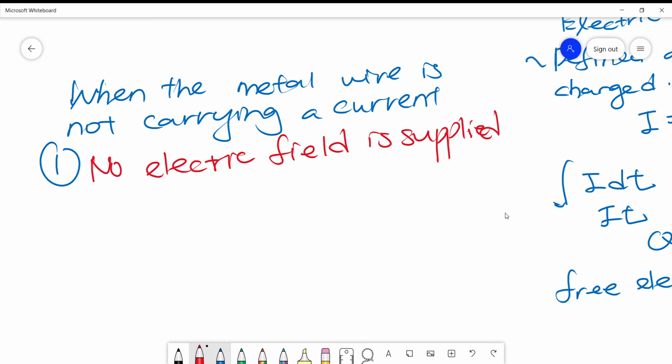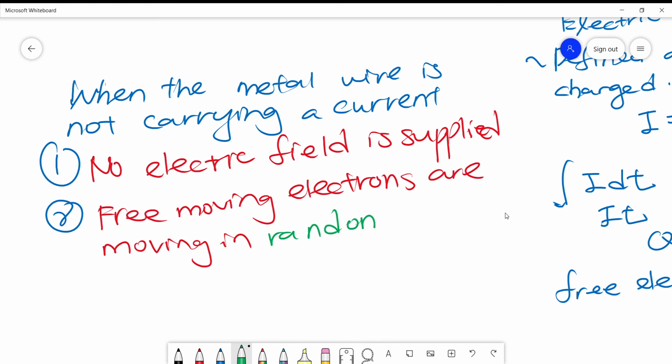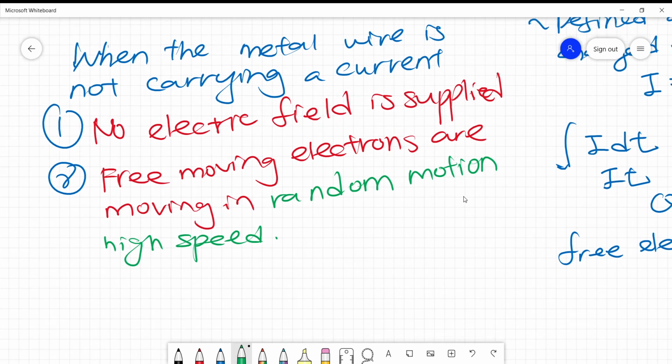So the free moving electrons are moving in random motion with high speeds.